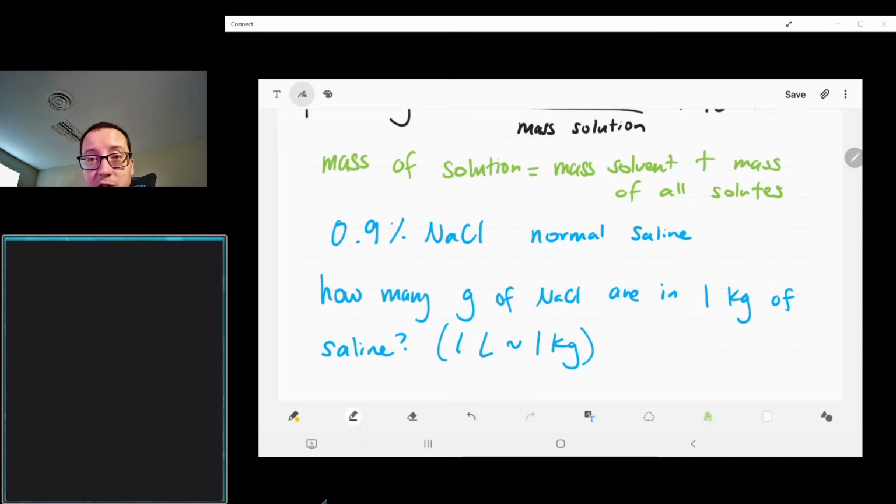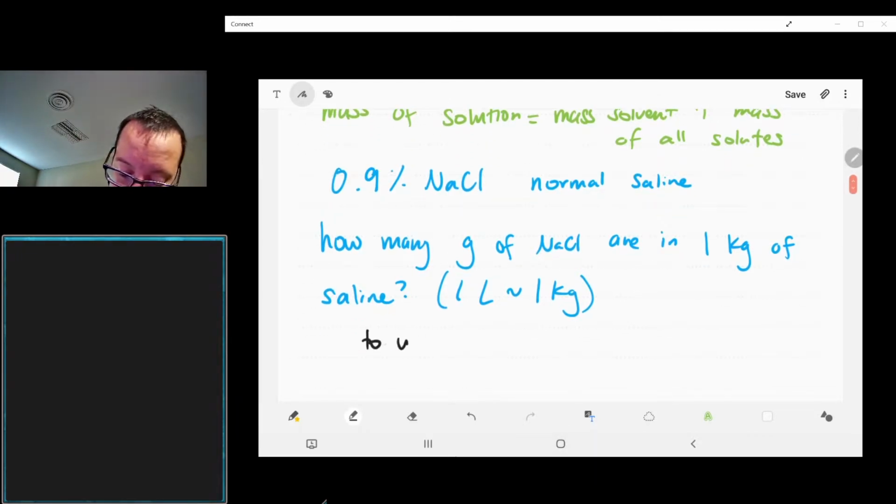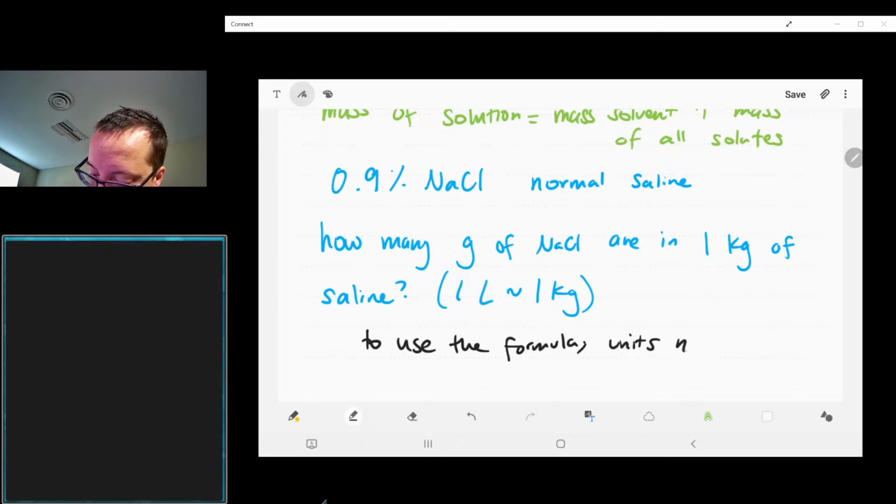And what you want to do for this sort of formula is make sure that your units are the same. The units need to cancel out. So you see how it just says 0.9%. There's no 0.9 gram percent or something like that. It's just percent.